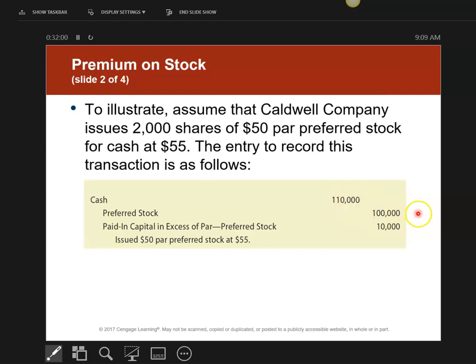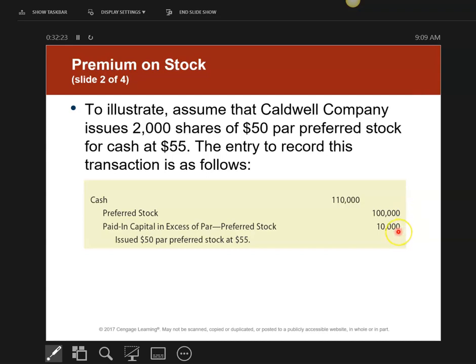But I can only post the 2,000 shares times the par value into the preferred stock account. Everything else, or the excess, goes here. The $5 per share difference goes into here. So I got 110,000, but I can only put 100,000 here. The other 10,000 has to go in here.